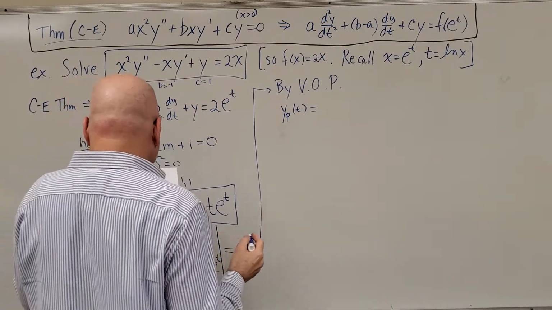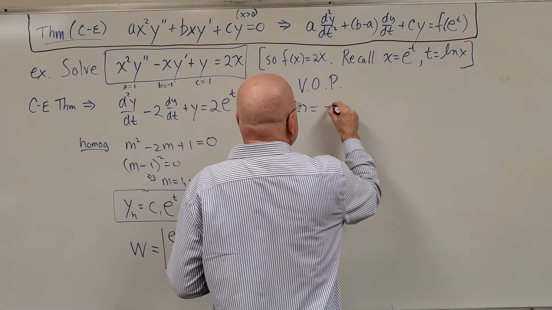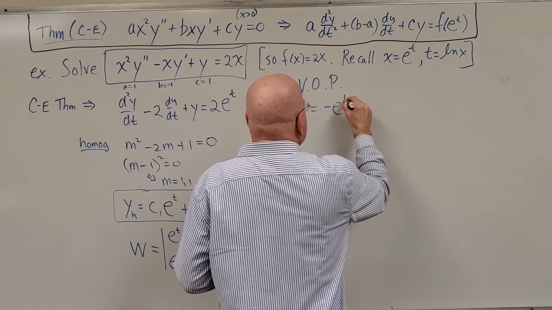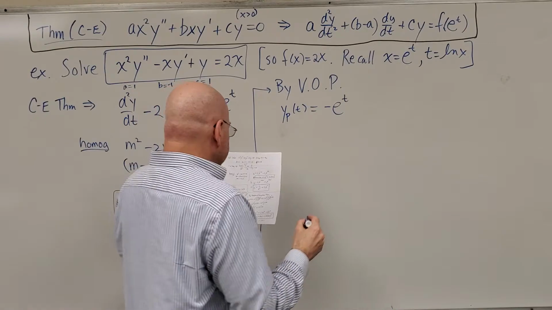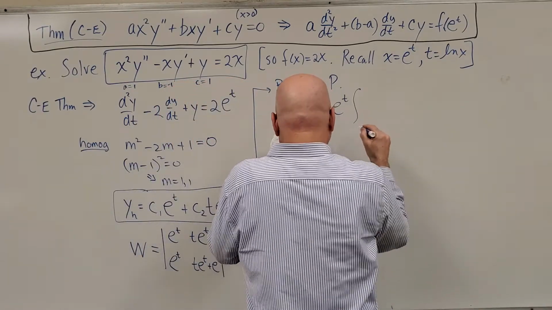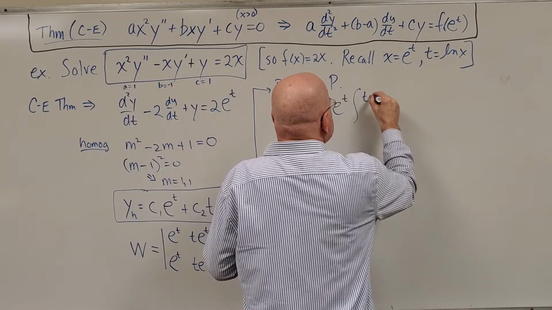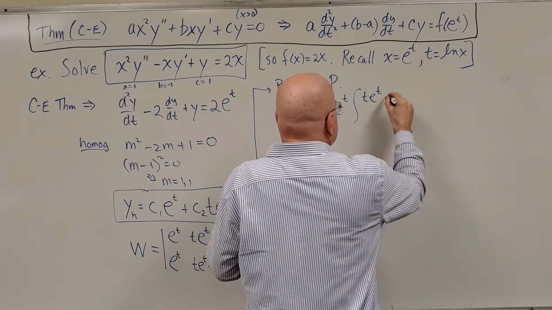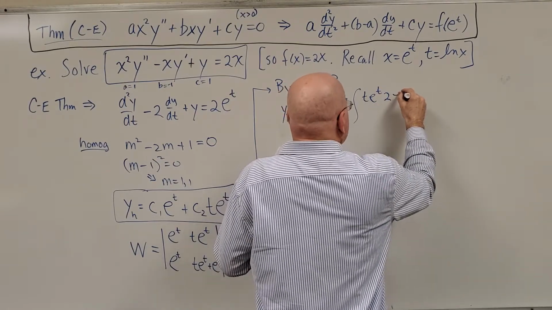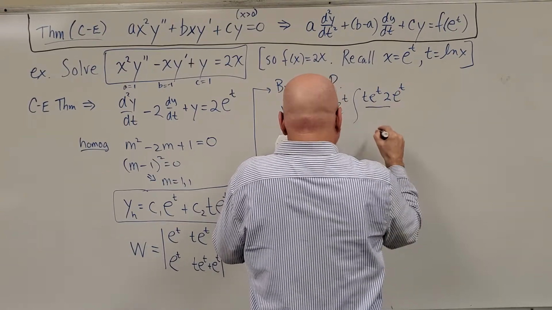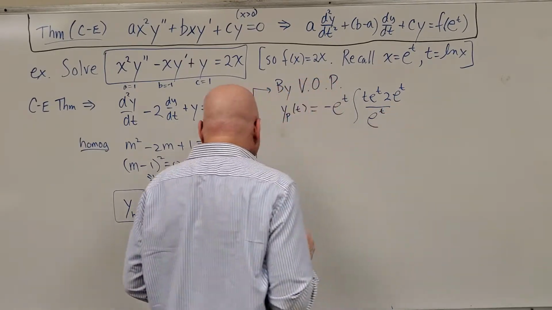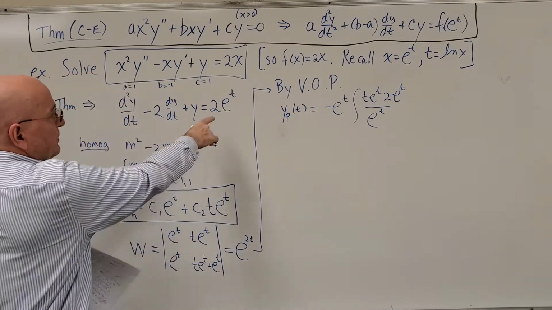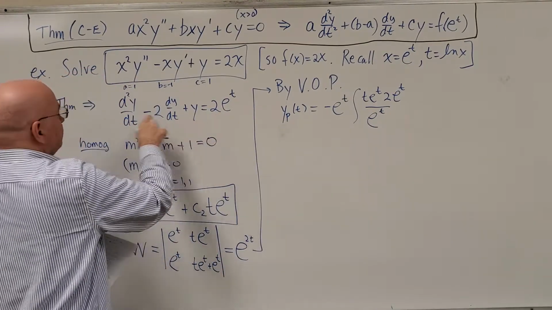So y particular of t is going to be negative e to the t, this guy, times the integral of the other one, t e to the t, 2e to the t, divided by the Wronskian. 2e to the t on top came from this guy.